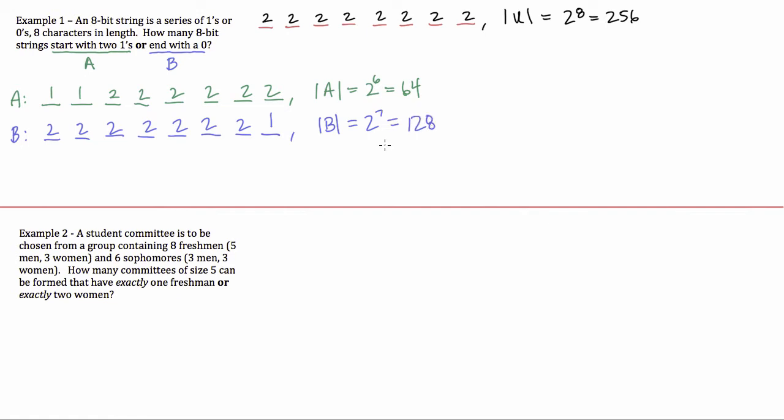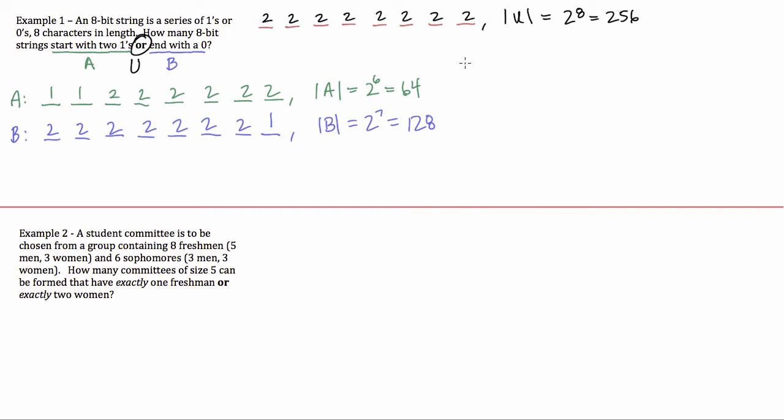Okay, let's try to do the addition rule now. The reason that we know it's the addition rule, once again, let's make sure that we're all aware of that, is the word OR. Anytime you see the word OR, you should be automatically thinking of the union operation, so A union B. Take from A, take from B, add it together, get rid of any of the overlap.